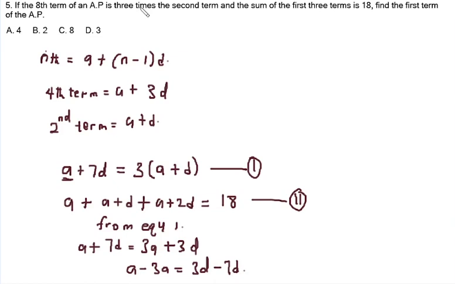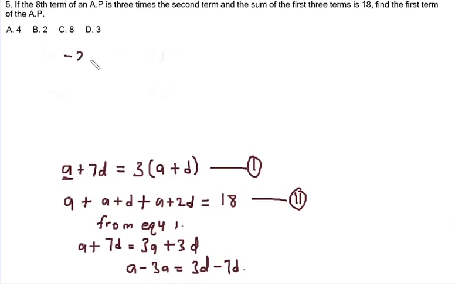So let's clean up space. So we have minus 2a is equal to minus 4d.